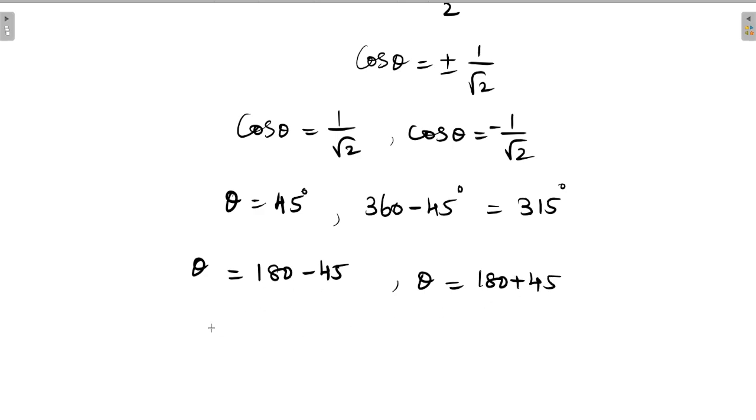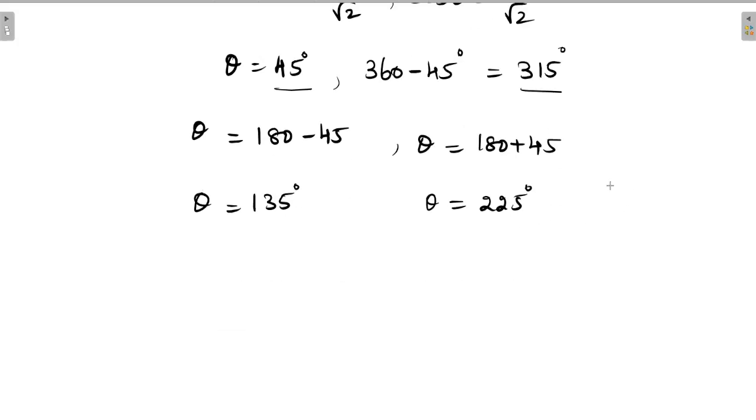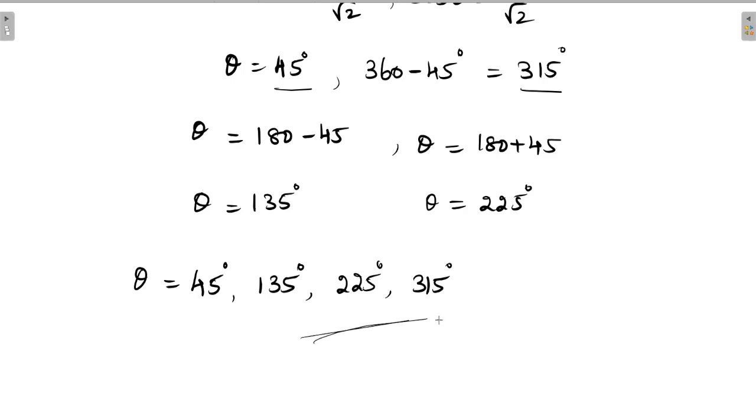So 180 minus 45 degree is 135 degree, and 180 plus 45 degree is 225 degree. So all the possible values, the required values of theta, are 45 degree, 135 degree, 225 degree, and 315 degree. These are the possible values of theta.